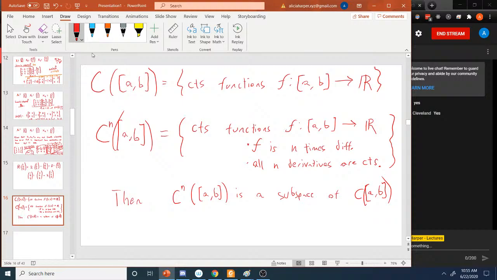So this is a very important subspace in the theory of ODEs, as we'll see. And what I want to do is consider what linear dependence and independence means in this specific example.